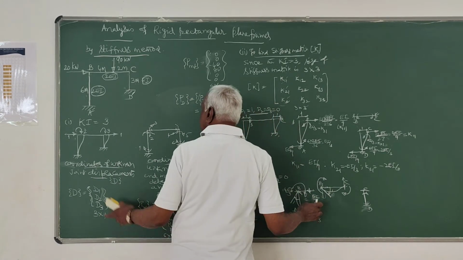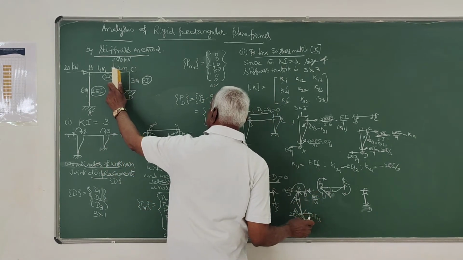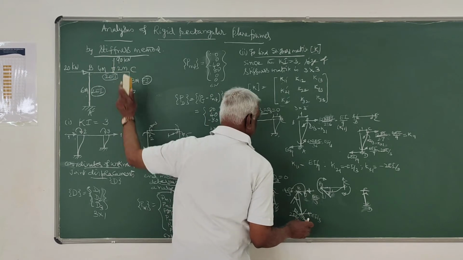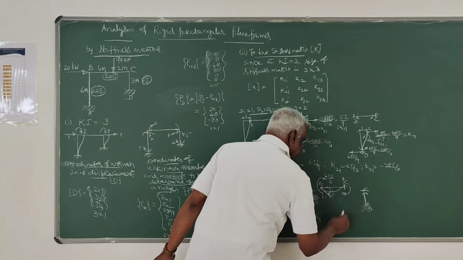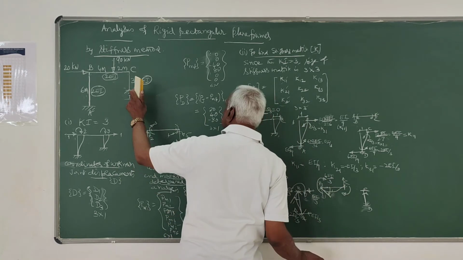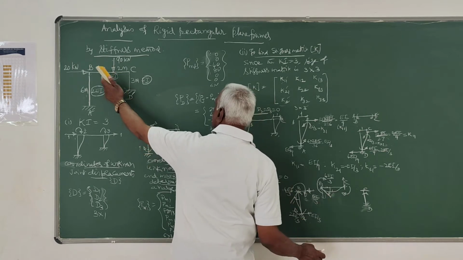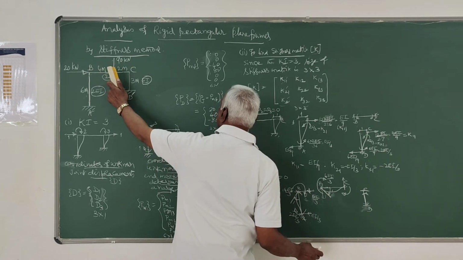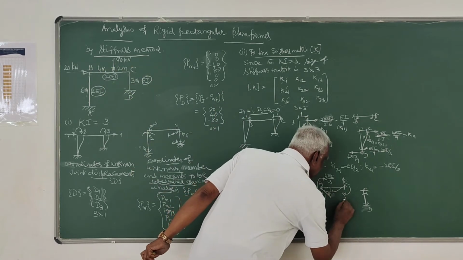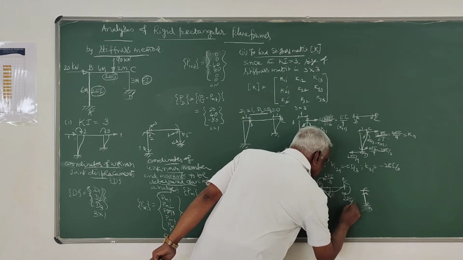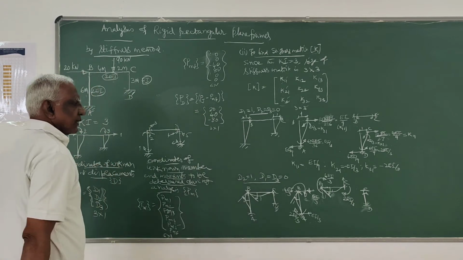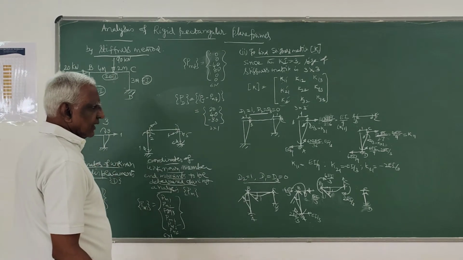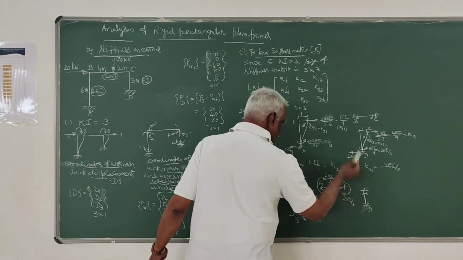It is 4EI by L, which is 4 into 2EI, 8EI divided by 6. That is 8EI by 6 means it is 4EI by 3. So this will be 2EI by L, that is 2 into 2EI, 4EI by 6. So it is 2EI by 3. And of course these two 6EI by L square. So that is not required. And this is 0, 0.